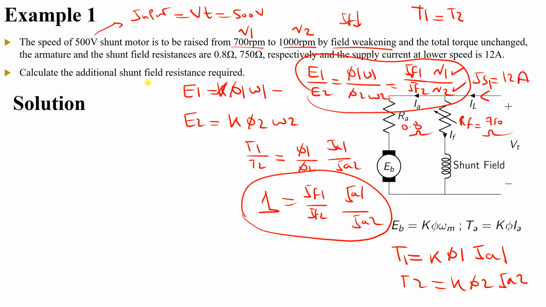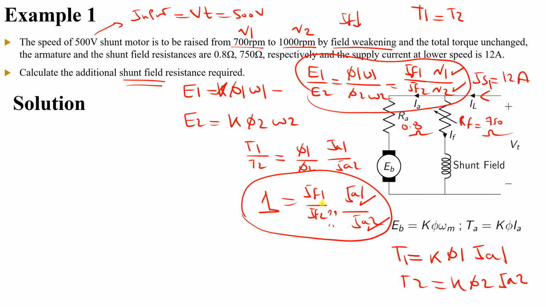To get the shunt field resistance, we need to find the value of IF2. So what I need now is I armature 1, I armature 2, I field 1, and we need induced EMF E1 and induced EMF E2. Using these two equations we will finally get our values needed.